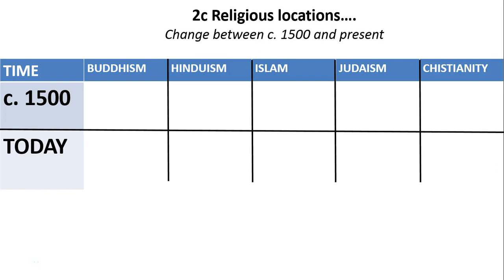On your chart, in around 1500, Buddhism was in East and Southeast Asia. And in the last 500 years, Buddhism hasn't changed. If you want to use the ditto marks and put a little ditto mark, which looks like a quote sign, in the box for today, that's fine. Or you can write it if you would like. It's still in East and Southeast Asia.